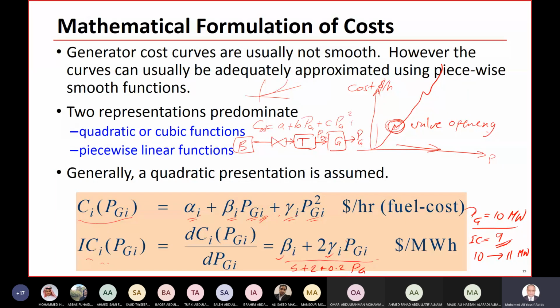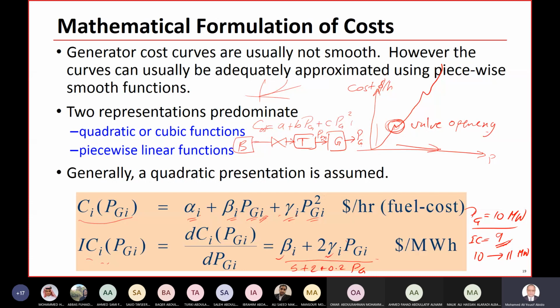So economic dispatch is an optimization problem where you want to find the power output of each generator in order to minimize the overall cost or the fuel cost.